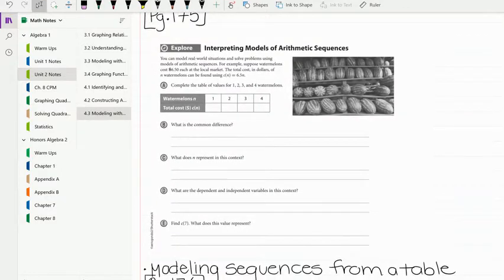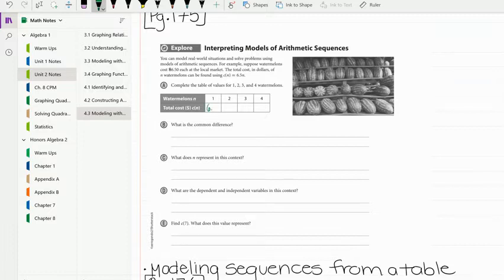So it says you can model real-world situations and solve problems using models of arithmetic sequences. For example, suppose watermelons cost $6.50 each at a local market. The total cost in dollars of n watermelons can be found by C of n equals 6.5n. So basically, we want to fill out the chart. So n represents the number of watermelons, and C of n represents the cost.